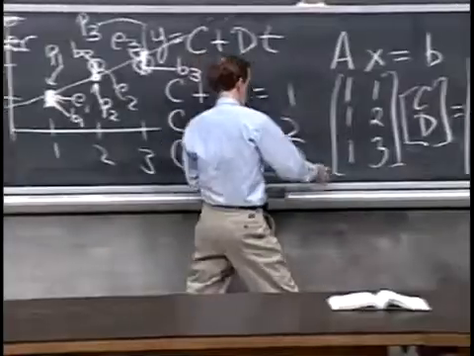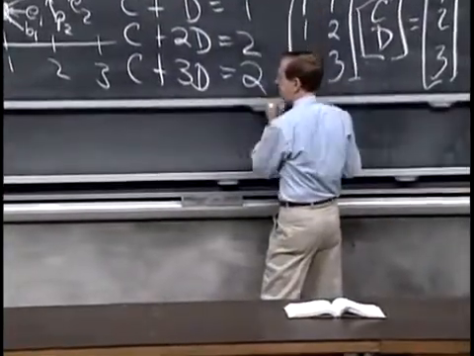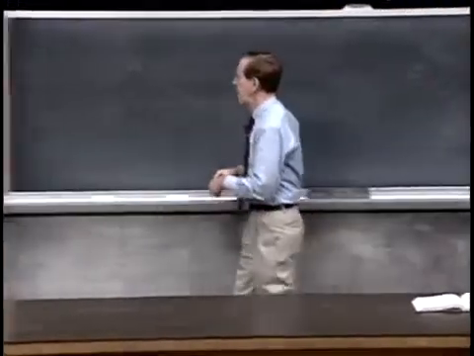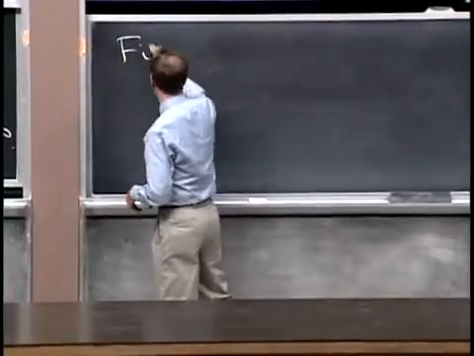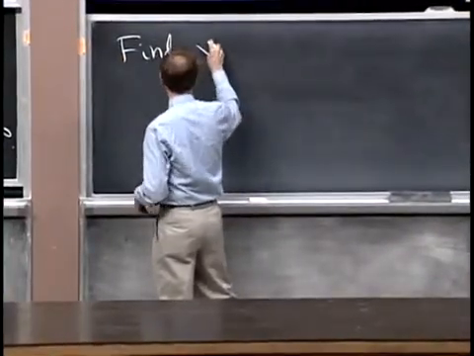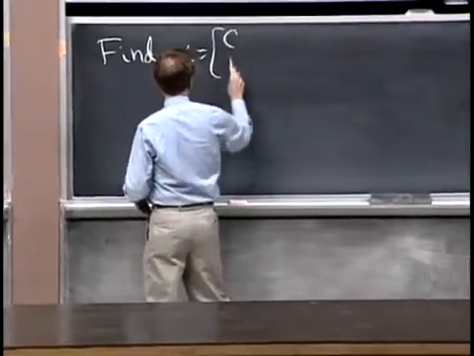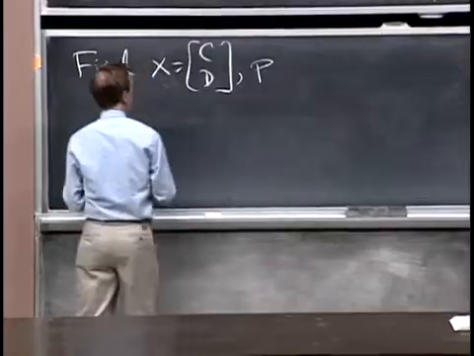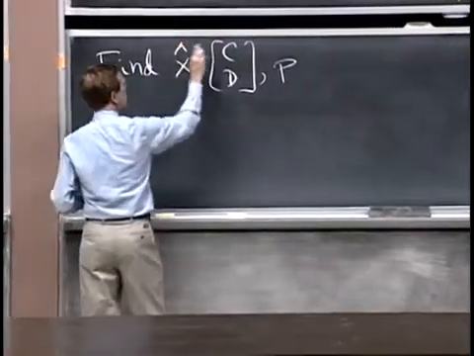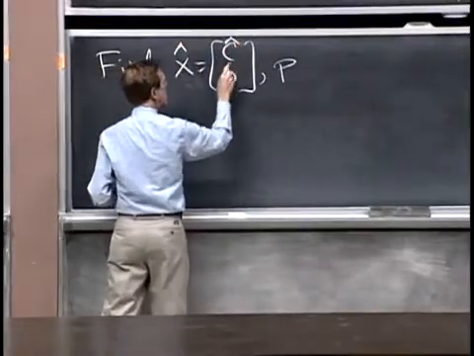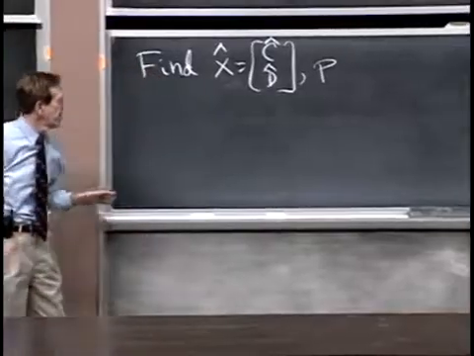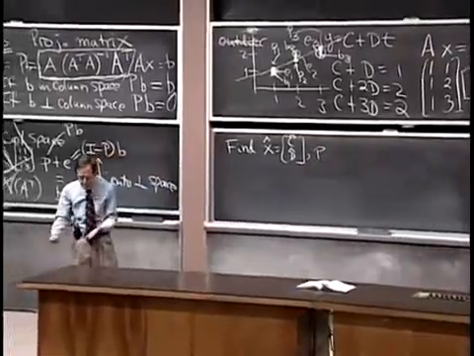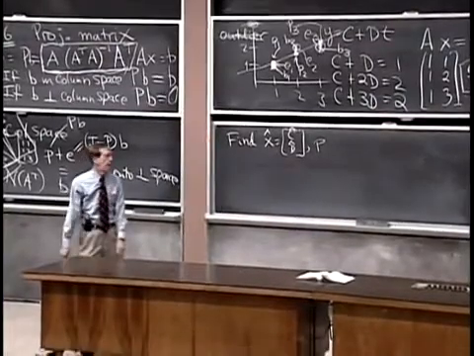So I want to find P, find X, which is C, D. And I really should put these little hats on to remind myself that they're the estimated, the best line, not the perfect line.